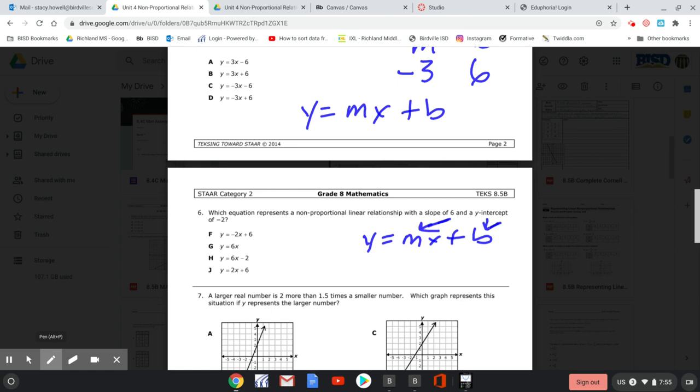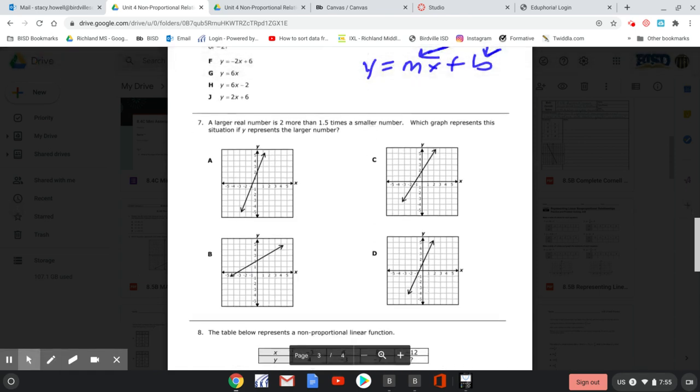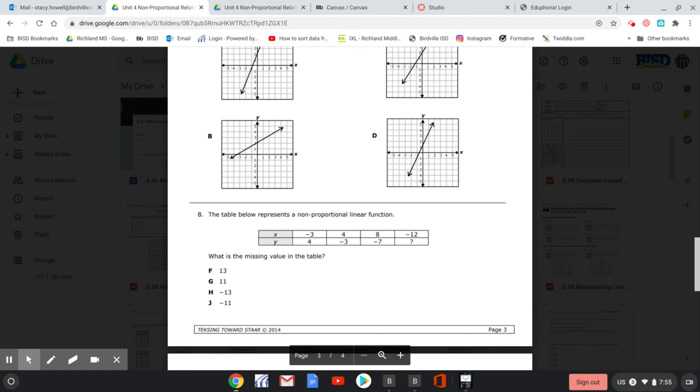Let's see what else we can do. We can do this one. It says the table below represents a non-proportional linear function. What is the missing value in the table? Well, I'm going to hit Stat Edit on my calculator.